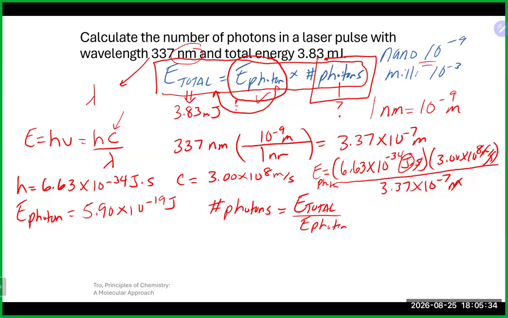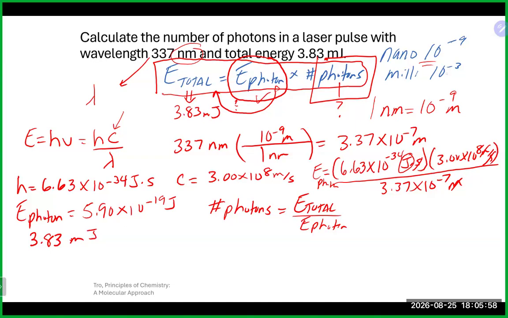Once again, we do have to be careful of units, right? Our answer per photon here is in joules. The total energy is in millijoules. So again, we need to do a conversion to get everybody into the same unit so that they cancel out correctly. I'm just going to take the millijoules here into joules. So I'll go 3.83 millijoules.